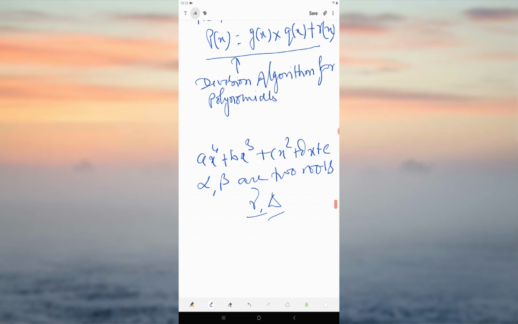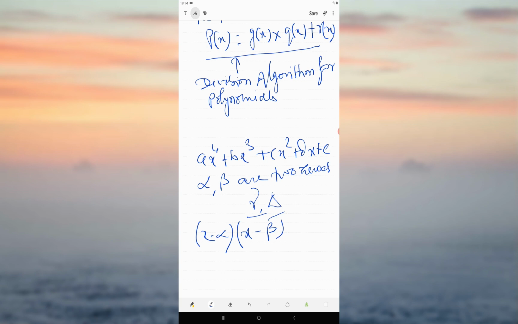What we will do is, first we will multiply x minus alpha, because I have told you, if alpha and beta are the roots, zeros, roots means zeros. So don't get confused if I say roots. Roots and zeros are the same thing, but I will write zeros for you.